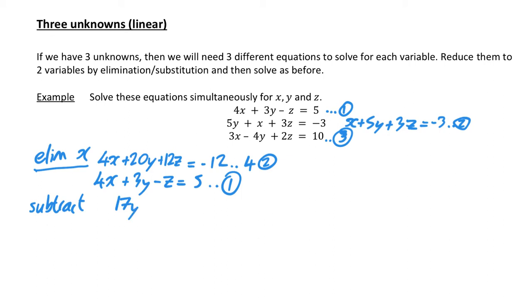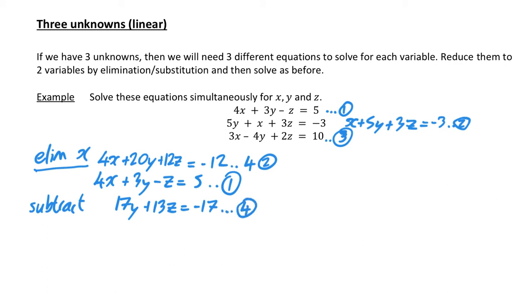Not a particularly nice number, but that doesn't mean it's not going to work out nicely in the answer. Then 12z minus z is 11z... wait, 12z minus minus z becomes 12z plus z, which is 13z. Then minus 12 minus 5 works out to be minus 17. We'll give this the name equation 4.